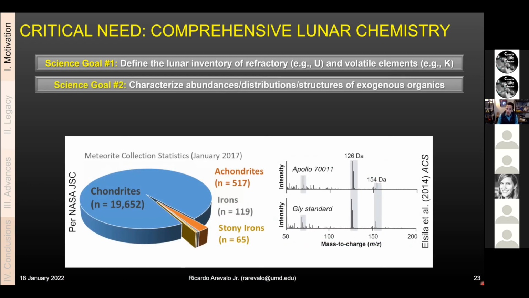What I think we in this community are interested in is also considering the moon as a witness plate, right? There's exogenous infall onto the lunar surface every minute of every day. And so carbonaceous chondrites can have weight % level of organic matter in them. And so understanding the distribution of organics that have accumulated on the lunar surface, maybe even the preservation of those organics upon emplacement from exogenous infall, and certainly the diversity provides what I would call, and I think others would agree, is like a life detection blank.